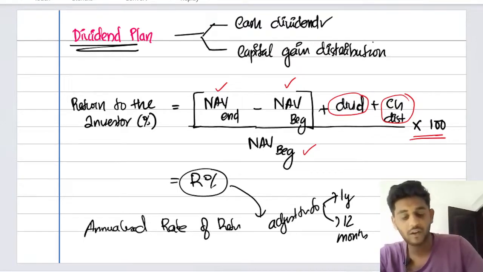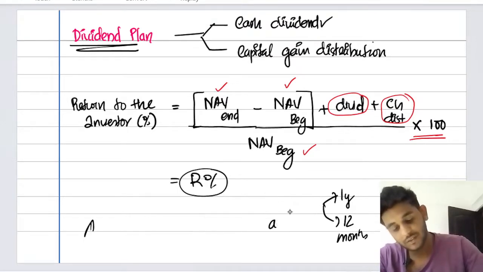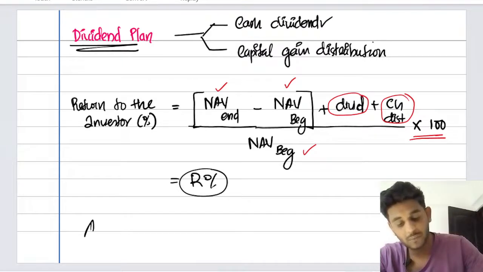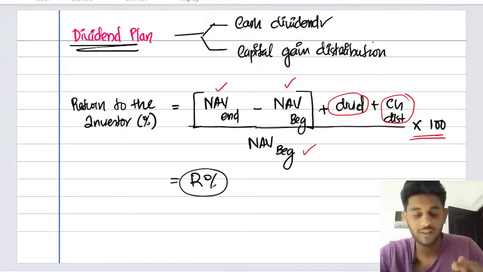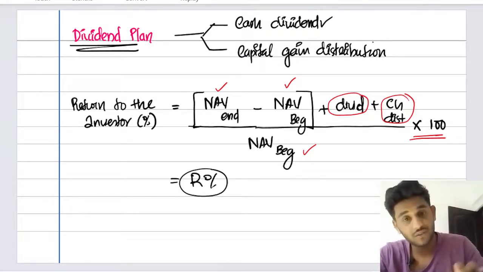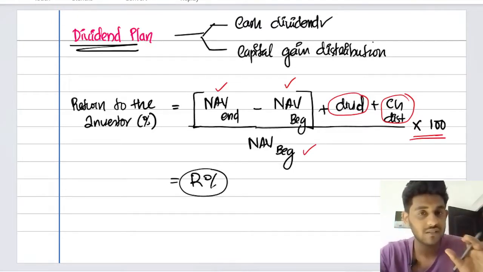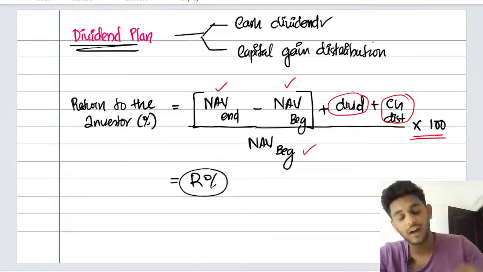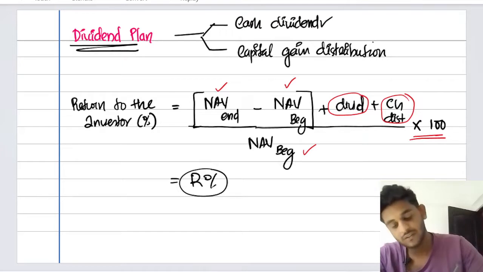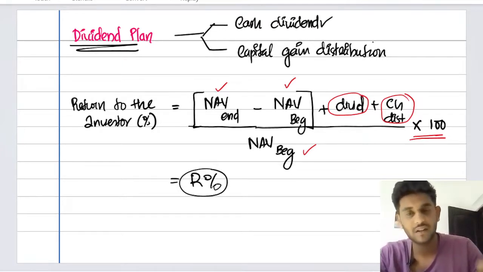Okay, this is something you have to remember. So if the answer you are getting is for a period more than 1 year or less than 1 year, and the question is asking you to compute the annualized rate of return, then you have to adjust it for time. How we will be doing that, we will be seeing in the questions.